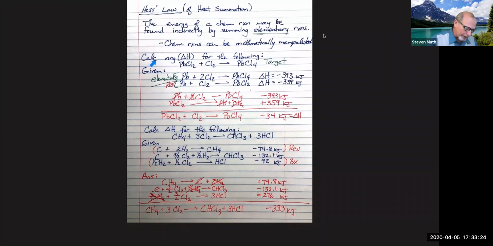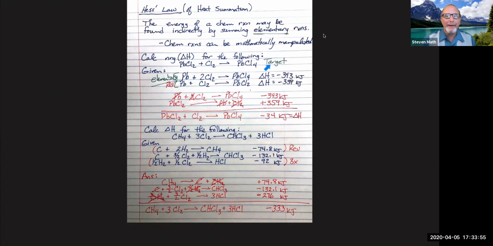So to put it simply, chemical reactions can be mathematically manipulated. If we manipulate the reaction, all we're going to do is manipulate the energy that goes along with that reaction. In this case, we want to calculate delta H for the following reaction: PbCl2 plus another Cl2 is going to create PbCl4.